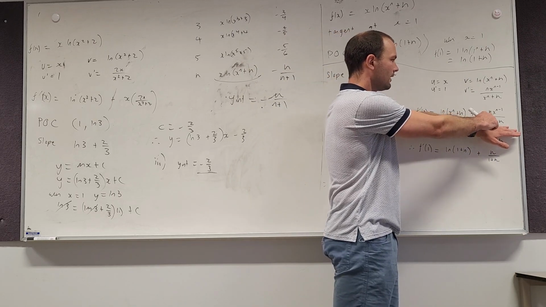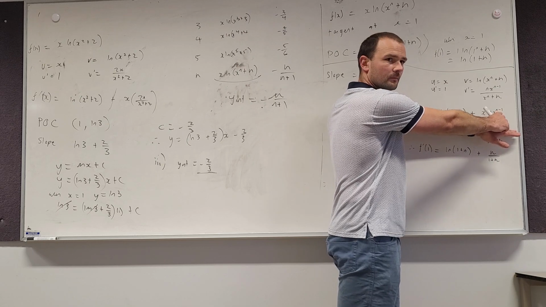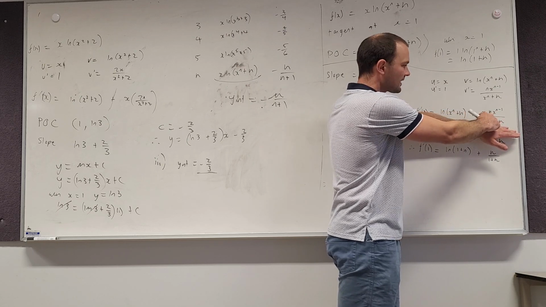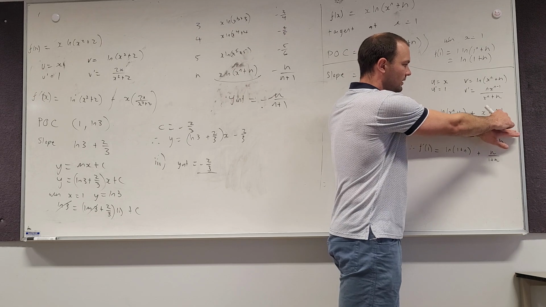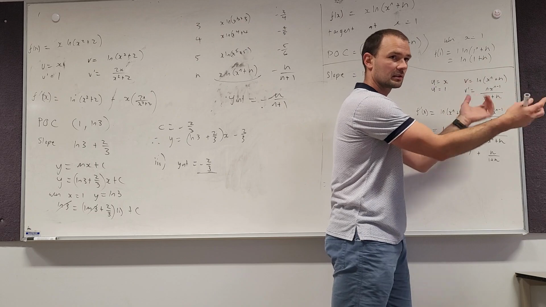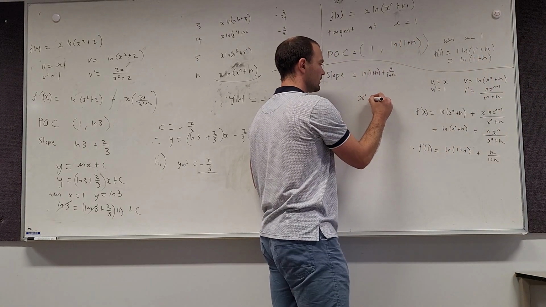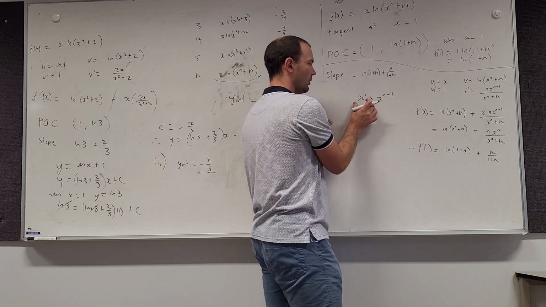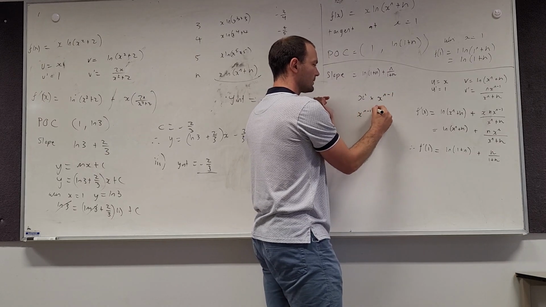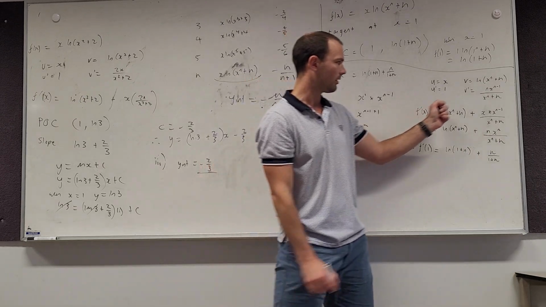Here I have x times nx to the power of n take 1, and x times x to the n take 1 is equal to x to the n. So they collect together. You can use index laws to bring them together. It's like this, x to the 1 times x to the n take 1. Well, they have the same base, so we can add the powers together. N take 1 plus 1, x to the n. So that's what's going on there.